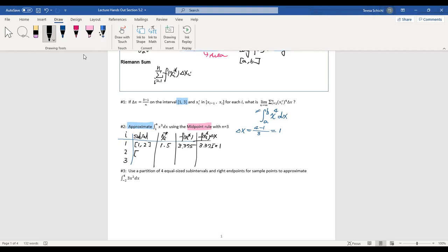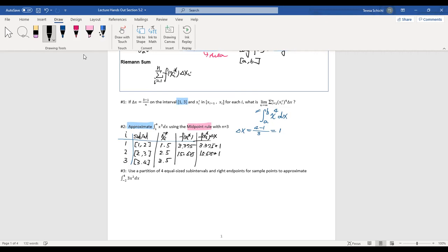My second interval is 2 to 3. What is the midpoint? My midpoint is 2.5. Then f of x is x cubed, so it's 2.5 to the third power, which is 15.625. So the area will be 15.625 times 1. My third interval will be 3 to 4. What is the midpoint?